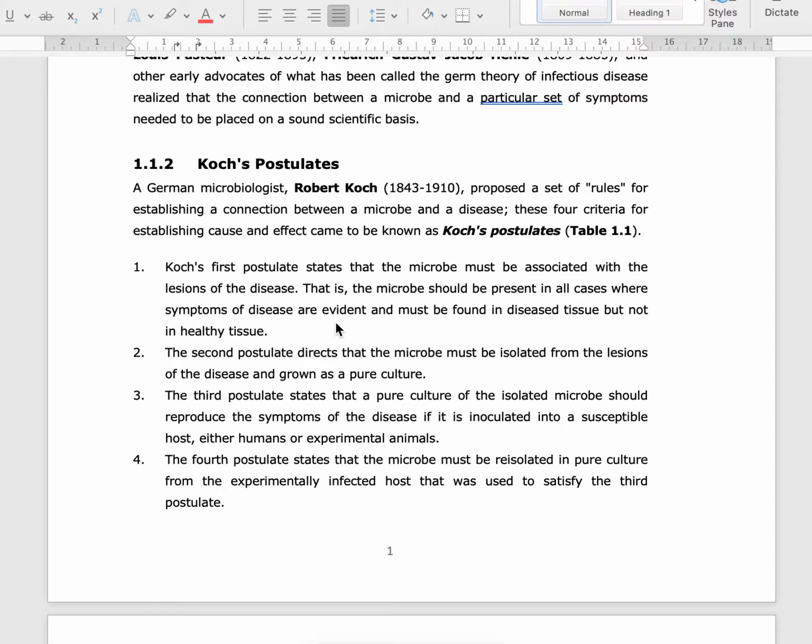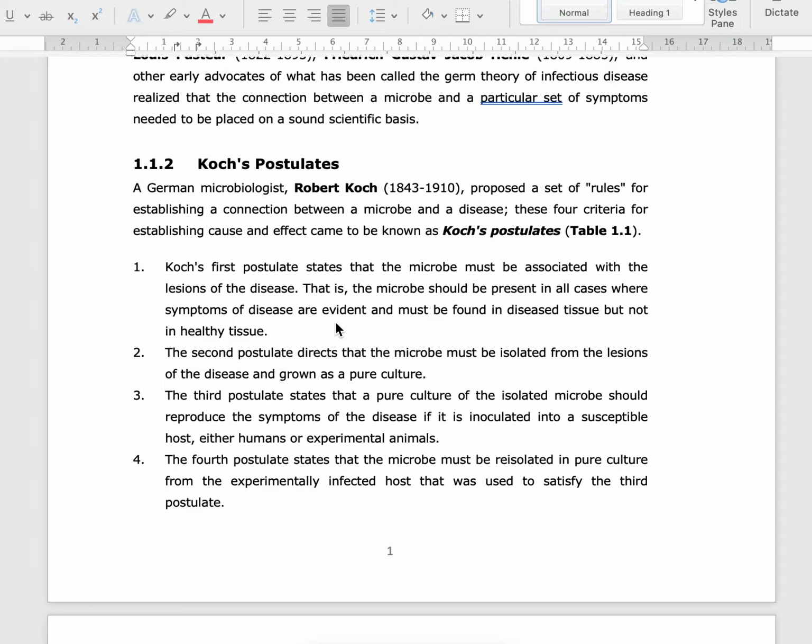So in general, if we want to say that this bacteria causes this disease, then this bacteria has to be present in all the diseased subjects, and should not be present in a healthy person. Healthy person means someone who doesn't have that disease. So this is the first postulate.